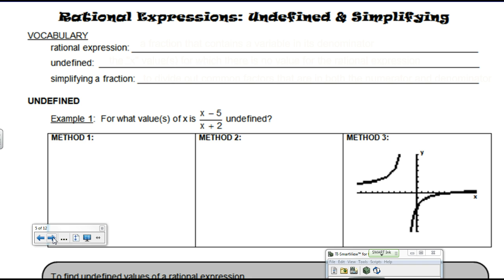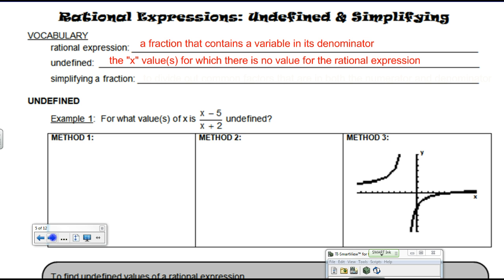Okay, so a rational expression. I've been using that term, and what does that mean? Rational expression is just a fraction that contains a variable in its denominator. Okay, so 1/2 is not a rational expression, but 1 over x would be. Undefined is what we did in problem 1 of the use what you know, and undefined just means it's the x, again, whatever the variable is, it's the x value or values for which there is no value for the rational expression.